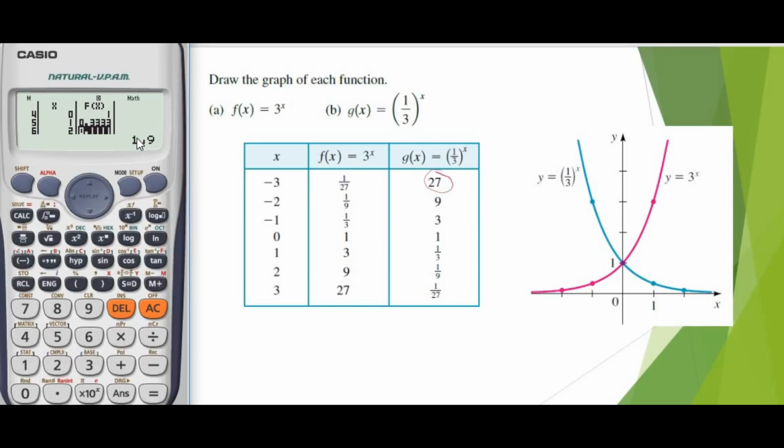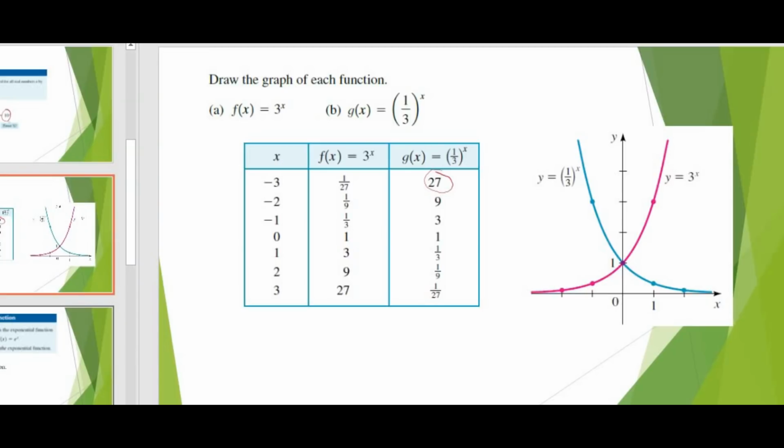When x is equal to 2, our g of x is equal to 1/9. And last but not the least, when x equals 3, our value is 1/27. So we have now plotted our corresponding function when g of x equals 1/3 to the power of x. Okay, next.